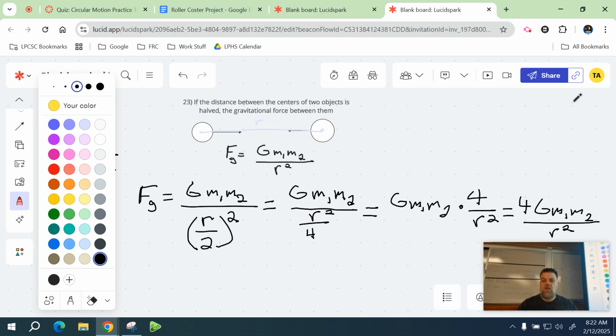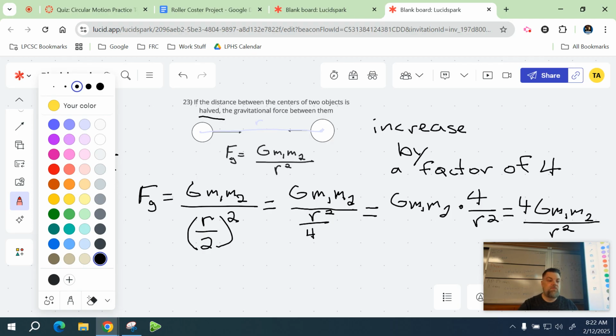Okay? So really when you have these objects, you increase by a factor of 4. Okay?